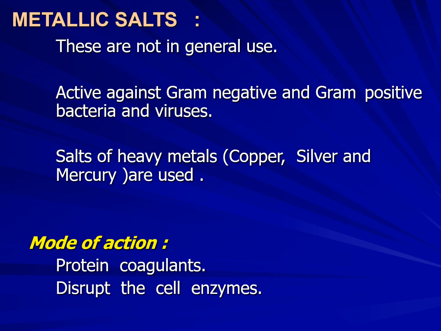Next are disinfectants of metallic salts. These are not in general use, but are active against gram-negative and gram-positive bacteria and viruses. Salts of heavy metals, for example, copper, silver, and mercury are used. The mode of action is that they act on protein of bacteria as protein coagulants, and they also disrupt the cell enzymes.